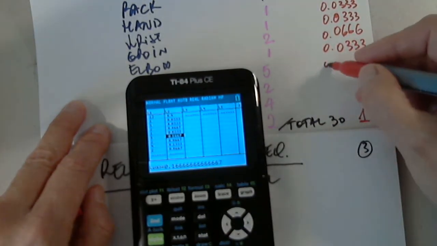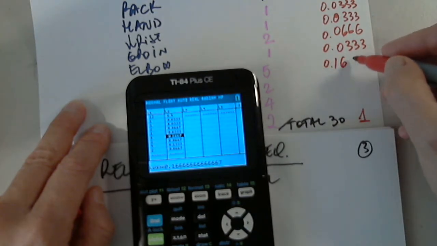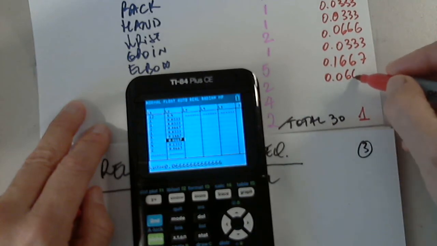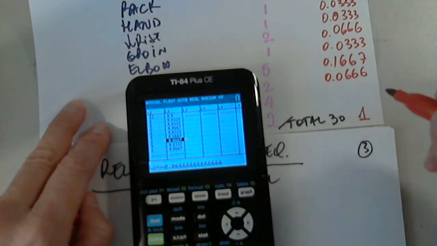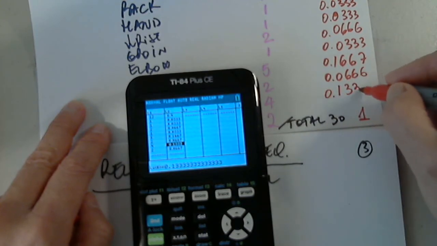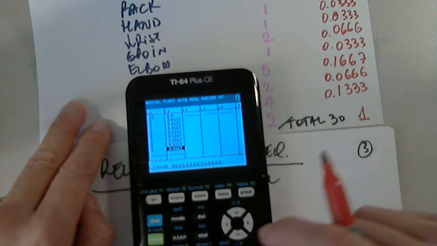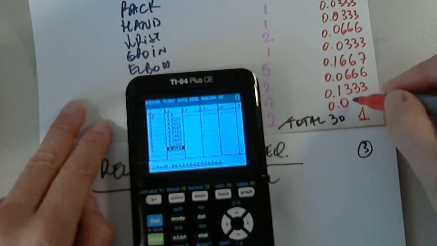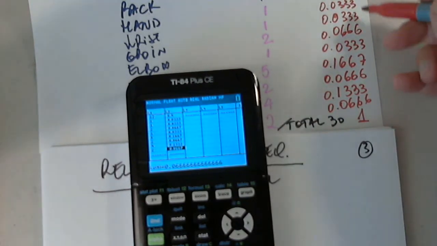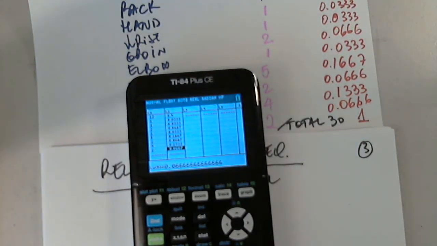The next one is 0.1667. The next is 0.0666. The next one is 0.1333. And the last one, 0.0666.